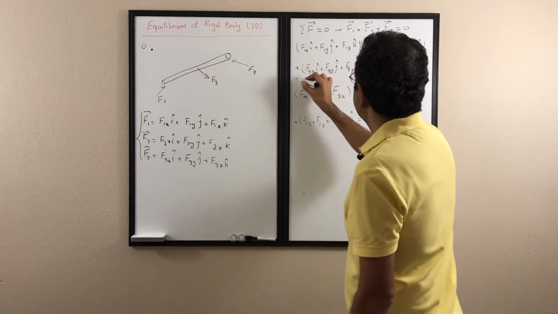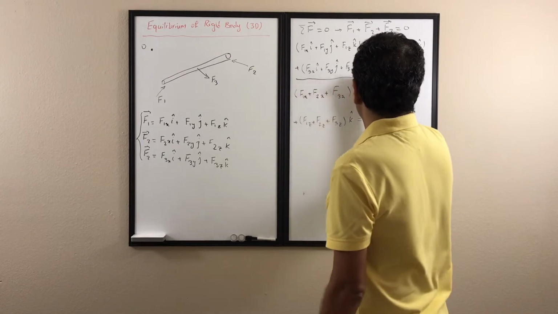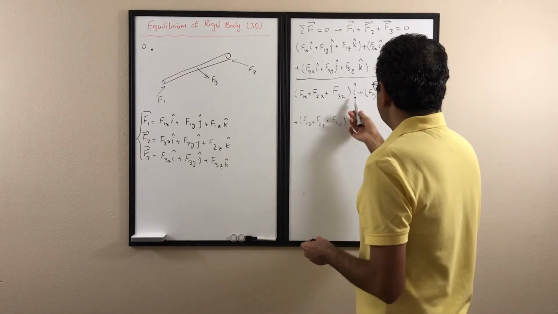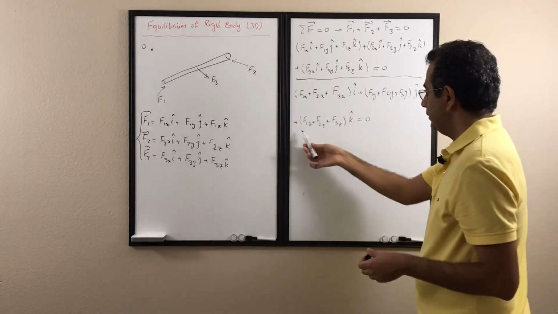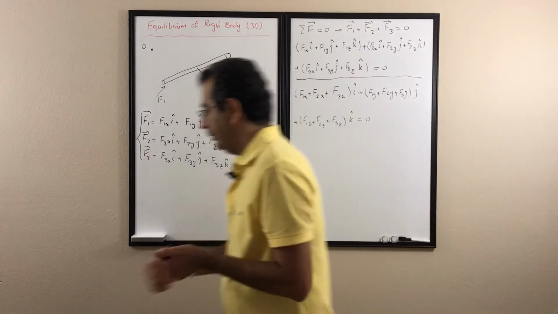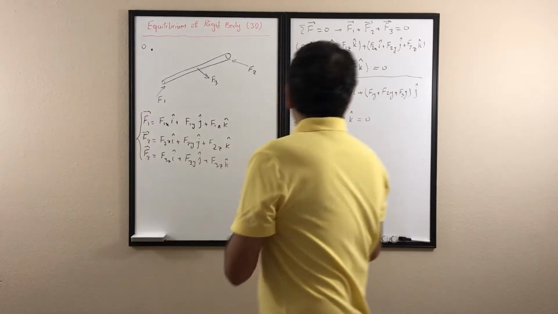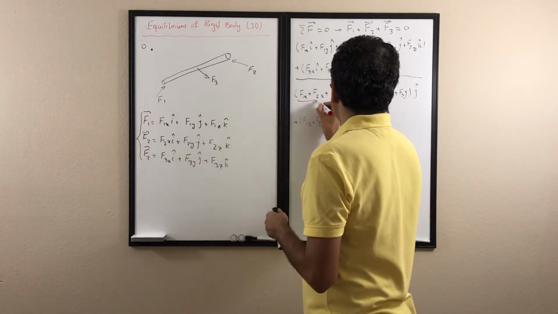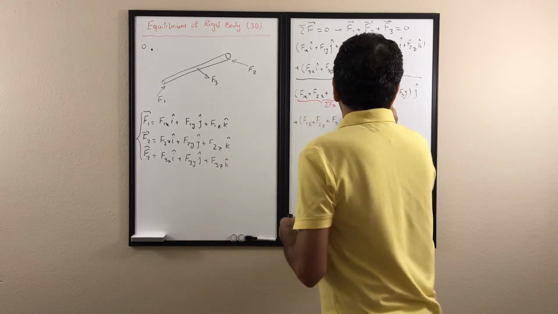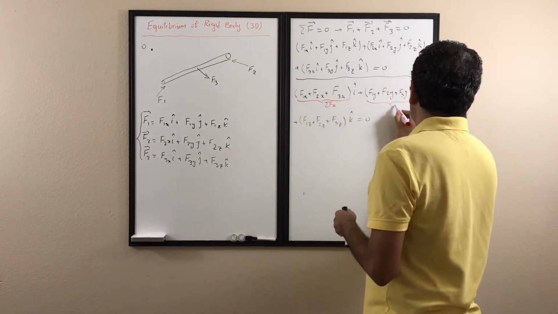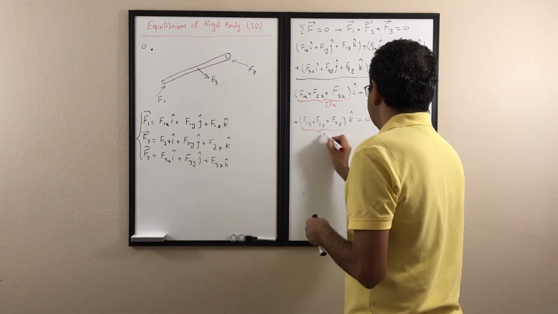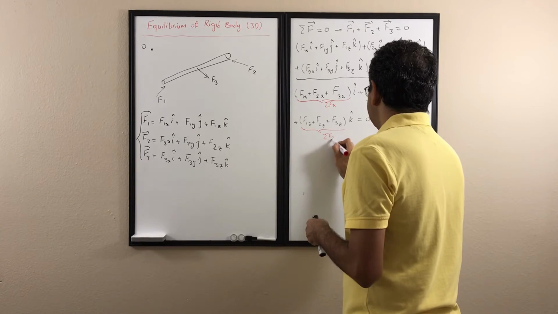Now if I want to say this one is 0, I'm going to draw the line here. So if I want to say this is 0, the i component should be 0, the j component should be 0, the k component should be 0. When I write it like that, the i component is sigma Fx, the j component is sigma Fy, and the k component is sigma Fz.